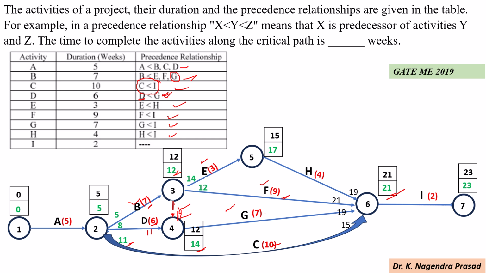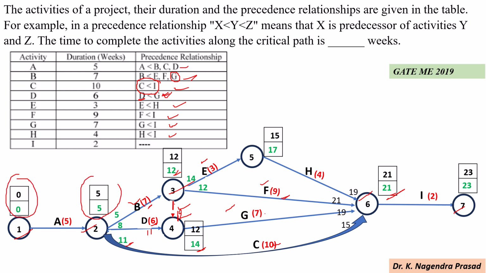So next, here observe the events 1, 2, 3 and 6 and 7 are having the equal earliest and latest time.